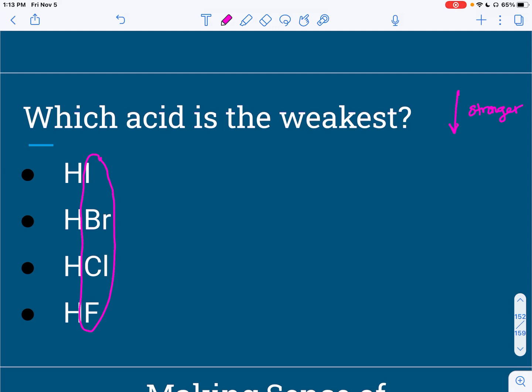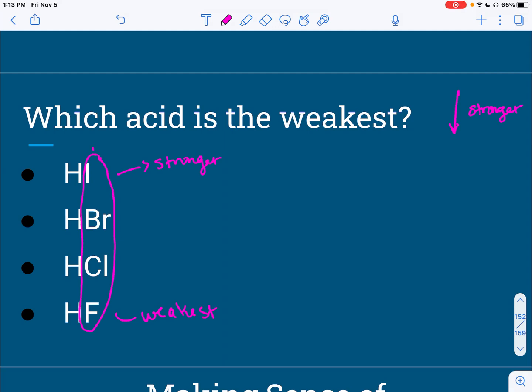Because what you talk about down a group, just like in honors chem when we talked about trends, you don't talk about electronegativity or effective nuclear charge down a group. You talk about size down the group. So here, this one is going to be stronger, and this one will be the weakest.